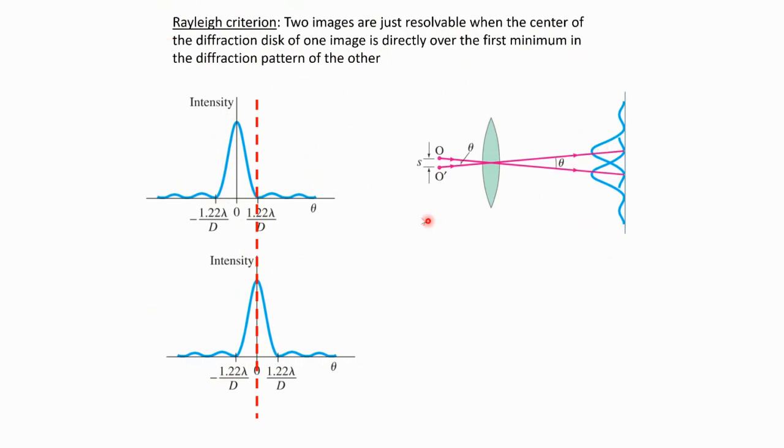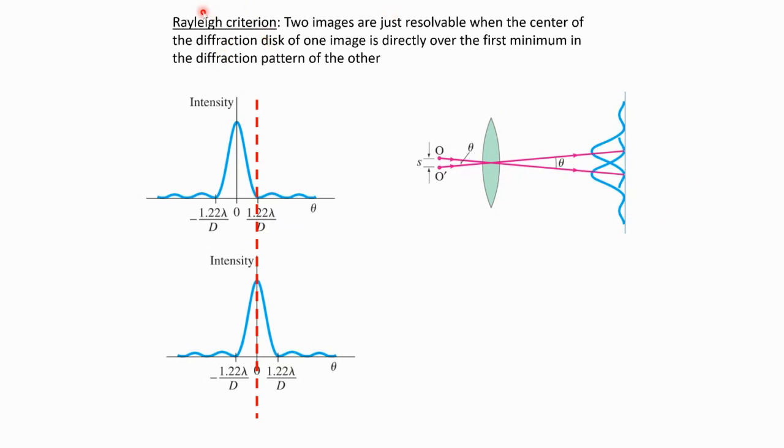Here's the picture more physically. Here are the two objects, small distance apart. Here's the image, the lens forming the image. And here's the bright spot corresponding to the lower one. Here's the bright spot corresponding to the upper one. And notice that this bright thing here is aligned with this dark spot there.